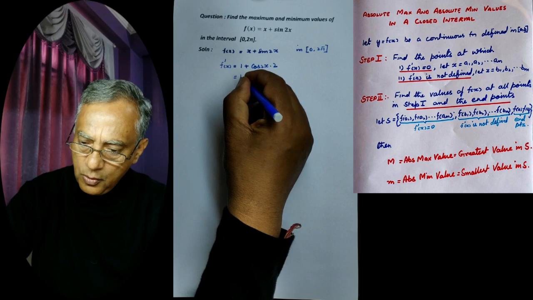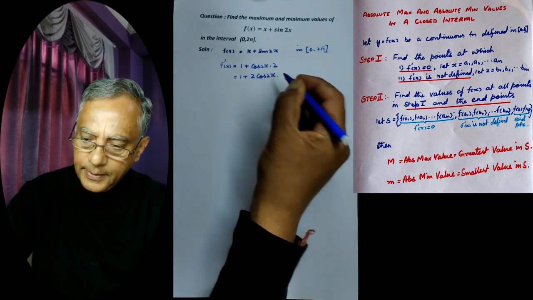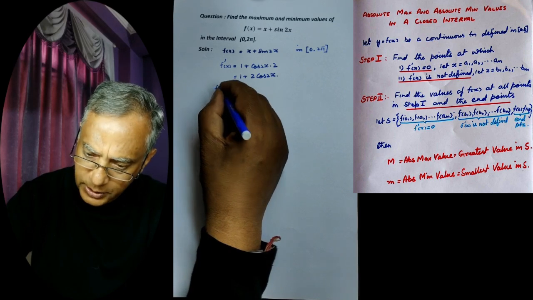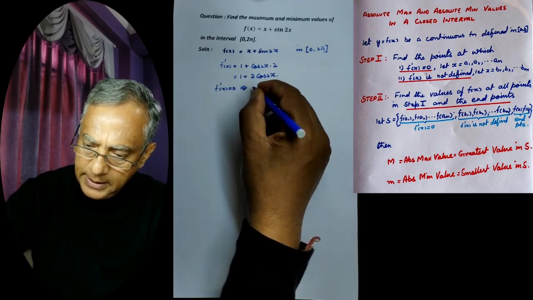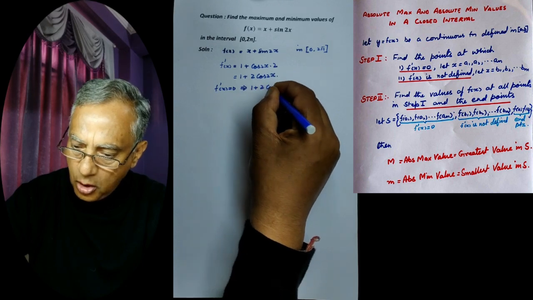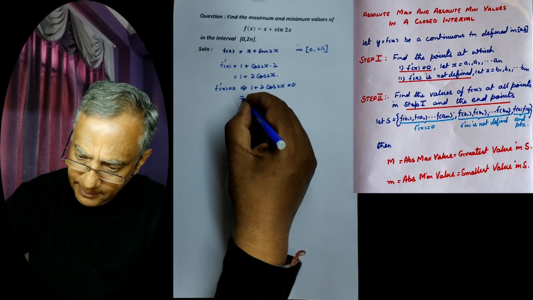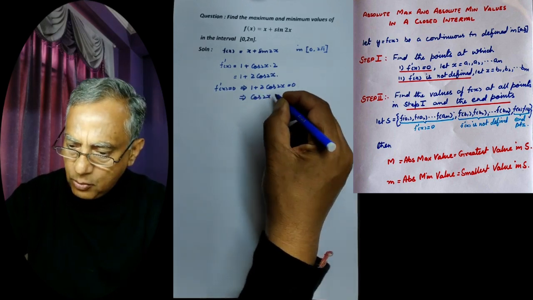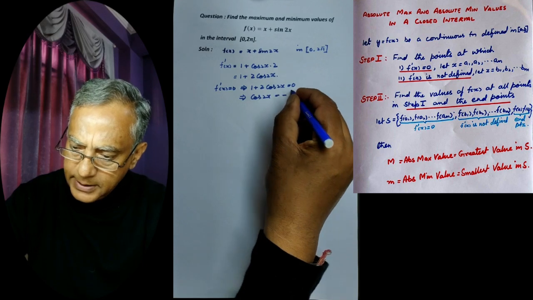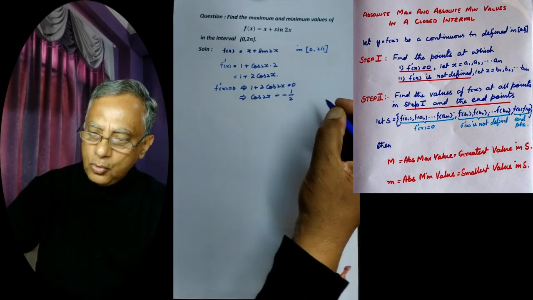This is equal to 1 plus 2 cos 2x. We put f dash x equal to 0, and this implies 1 plus 2 cos 2x is 0, and this implies cos of 2x is equal to, taking this to the other side, minus 1 by 2.